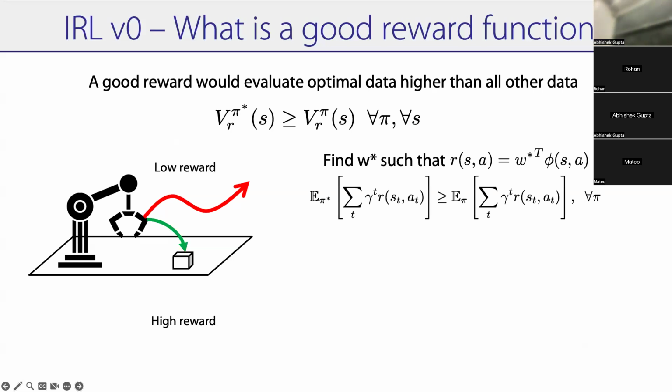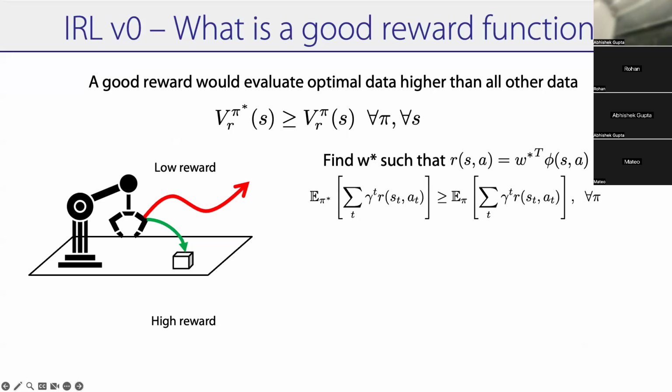If you look at the definition of a value function, it's just the expected sum of discounted rewards. And so the expectation under pi star of the discounted sum of rewards is greater than the expectation under pi of the discounted sum of rewards for all pi. So it's better than all other policies. And you're going to assume that rewards are linear.